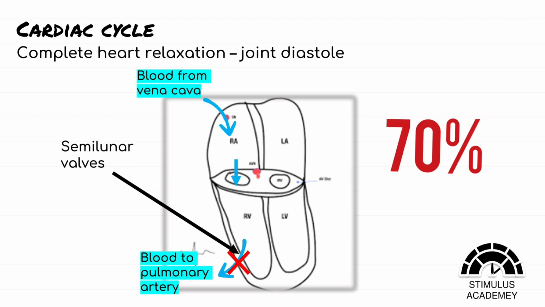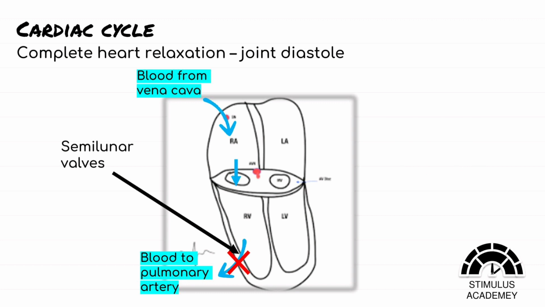By this, almost 70% of the total blood which is going from atrium to ventricle is transported. And this 70% of the blood transportation happens in the joint diastole state. 30% remains. I will tell you later when the remaining 30% is transported. And further ahead, the semilunar valves are closed, so blood remains in the ventricles only.